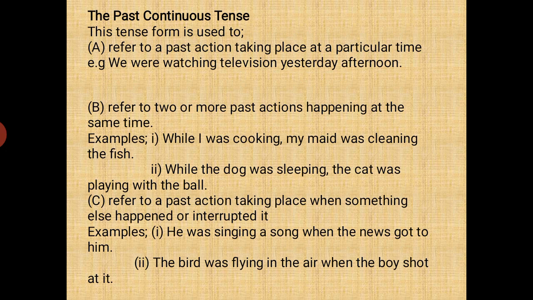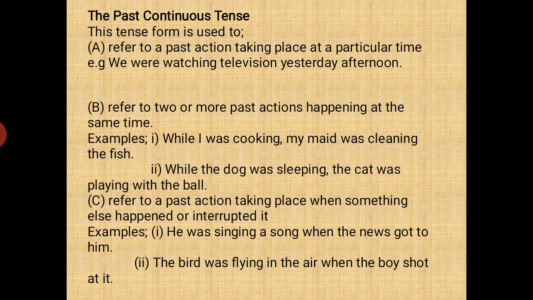Two, it is used to refer to two or more past actions happening at the same time. For example, while I was cooking, my maid was cleaning the fridge. While the dog was sleeping, the cat was playing with the ball.